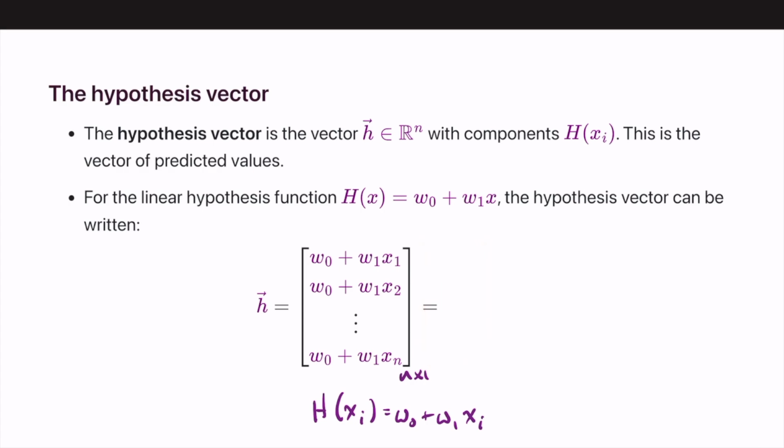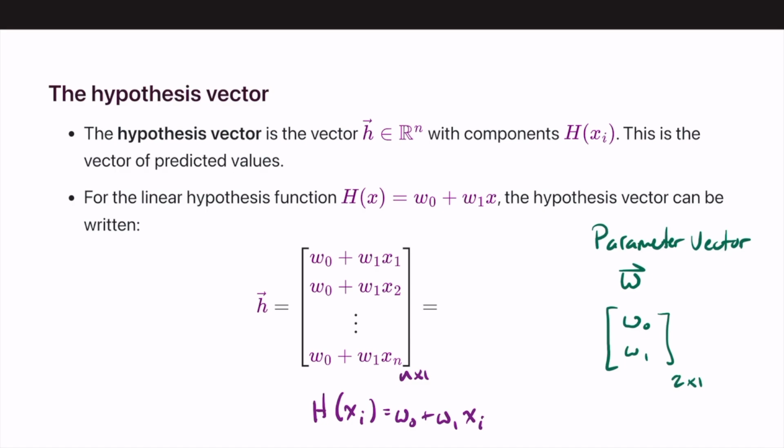So we can turn this into what's called a parameter vector, which is just going to be parameter w, and in this case it'll be w naught and w sub 1, which is of course a 2 by 1 matrix.